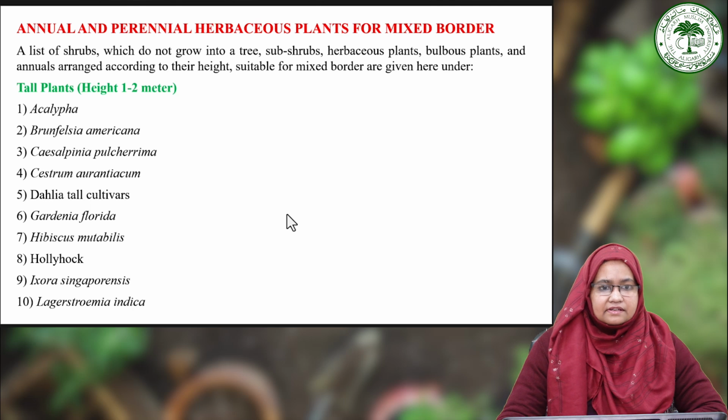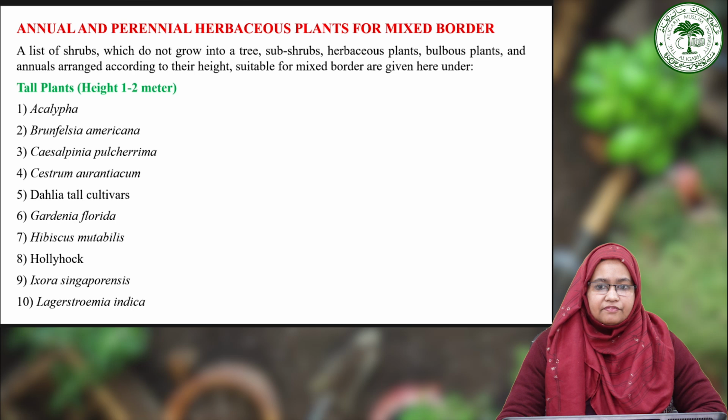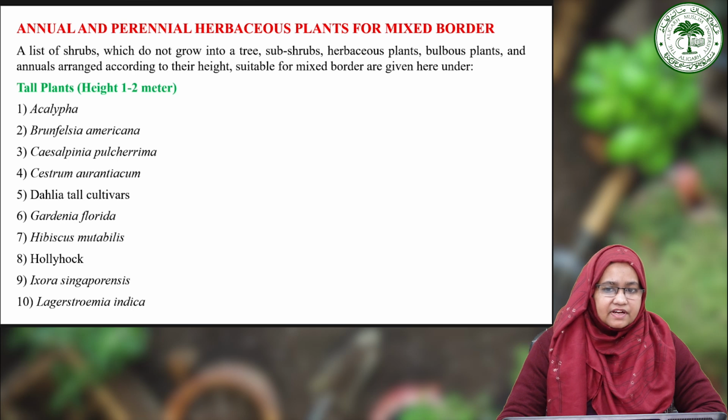Like this is the list of tall plants like Eclipta, Brunfelsia americana, Caesalpinia pulcherrima, Cestrum aurantiacum, Dahlia tall cultivars, Gardenia florida, Hibiscus mutabilis, hollyhock, Ixora, Lagerstroemia. These tall plants can provide structure, height and visual interest to the mixed border creating a diverse and vibrant garden display.